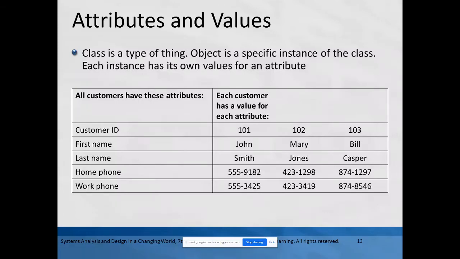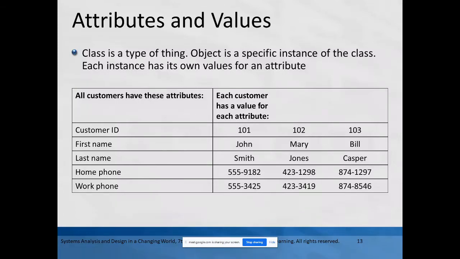Each house is going to have a different color. They're going to have a different door style. They're going to have a different front to it. Probably have different windows depending on how much the customer wants to pay. So on and so forth. So these are kind of the attributes that are described in the blueprints, and then as they're applied, each physical house is an instance of that blueprint. And so when we talk about the values that are stored for the attributes, these are the instances of the class or entity.